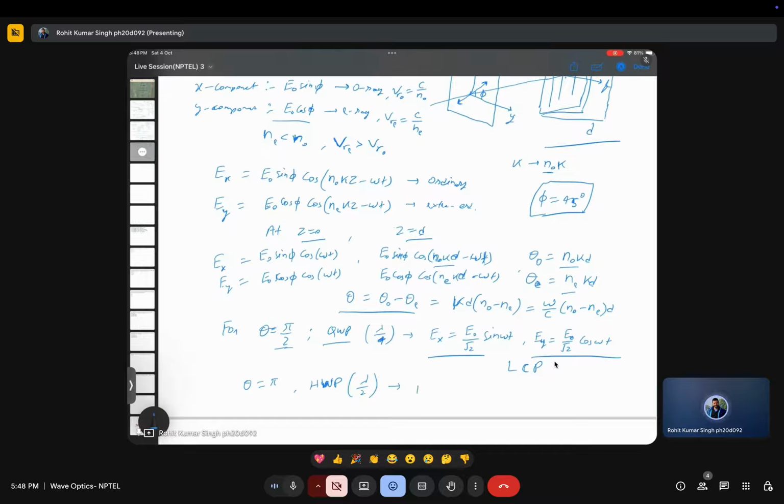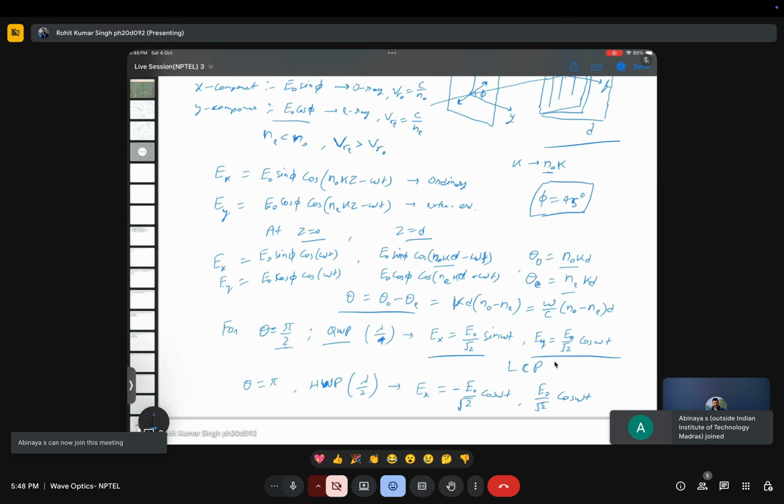In this case your Ex will be cos omega t plus pi, which is just minus E naught by root 2 cos omega t, and here Ey is E naught by root 2 cos omega t. So what will this correspond to?